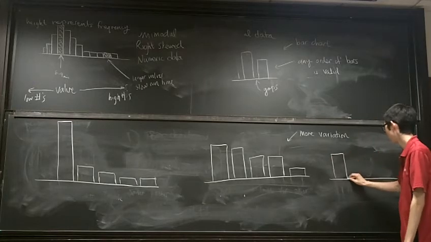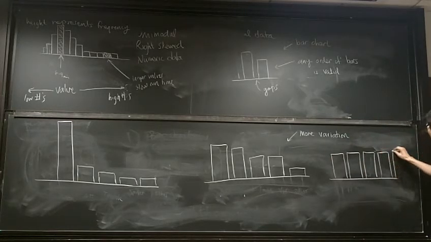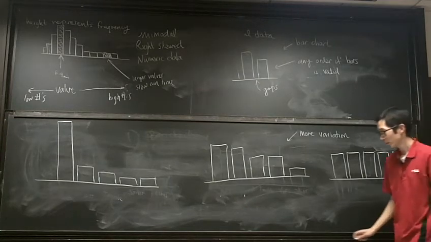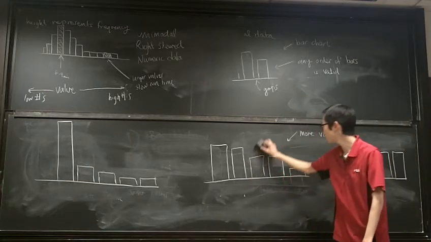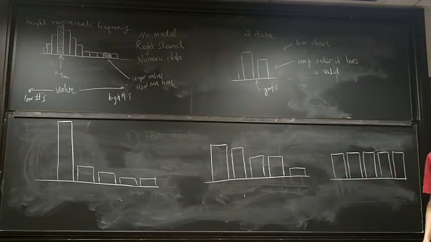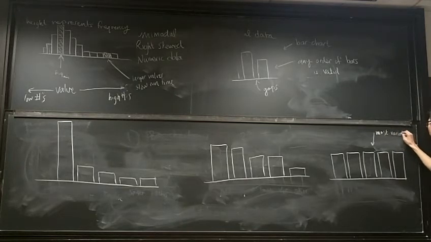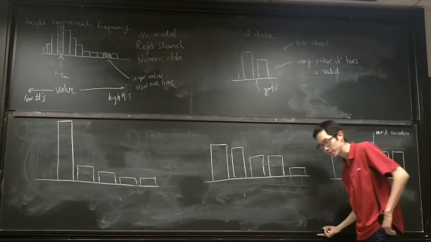Actually, now that I show three bar charts, which one has the most variation? No, this one has the most variation. Okay. Why is that?